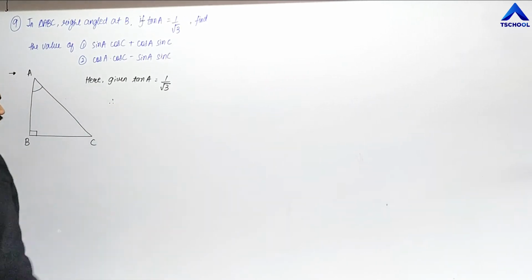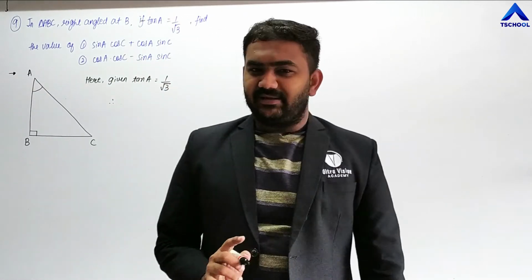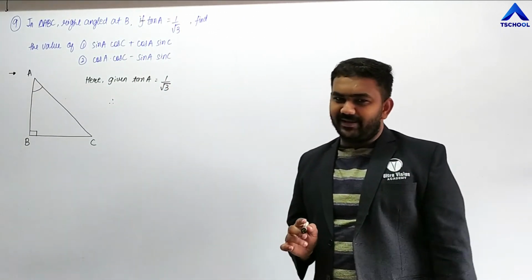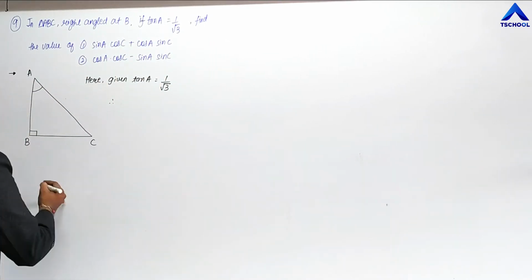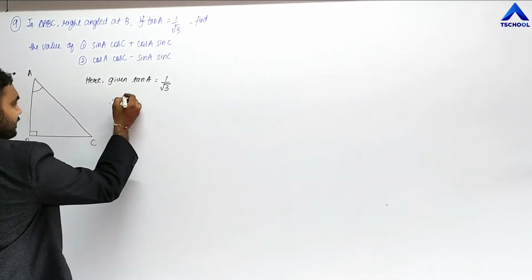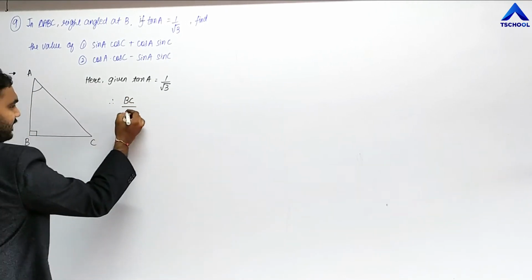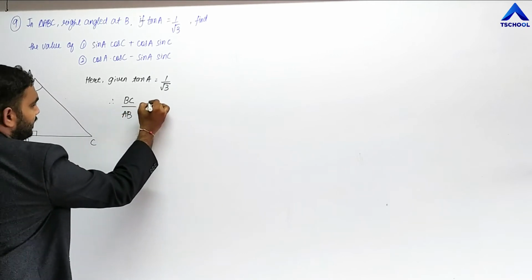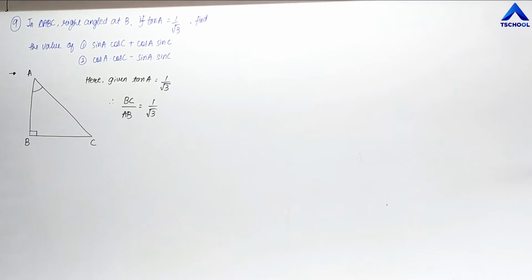Therefore, the ratio for tan A from this given triangle is side opposite to angle A upon side adjacent to angle A. What is the side opposite to angle A? BC. Therefore, BC upon side adjacent to angle A, that is AB, is equal to 1 upon root 3. Yes or no?